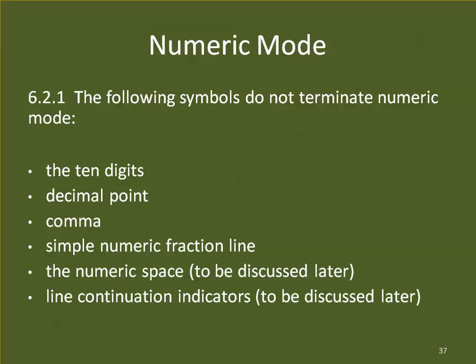A simple numeric fraction line, we'll talk later on about simple versus general fractions, but a simple numeric fraction line. And then something new called a numeric space, and another new thing called a line continuation indicator. So this list of 6 things are the only things that numeric mode will carry through. Anything else will terminate it.